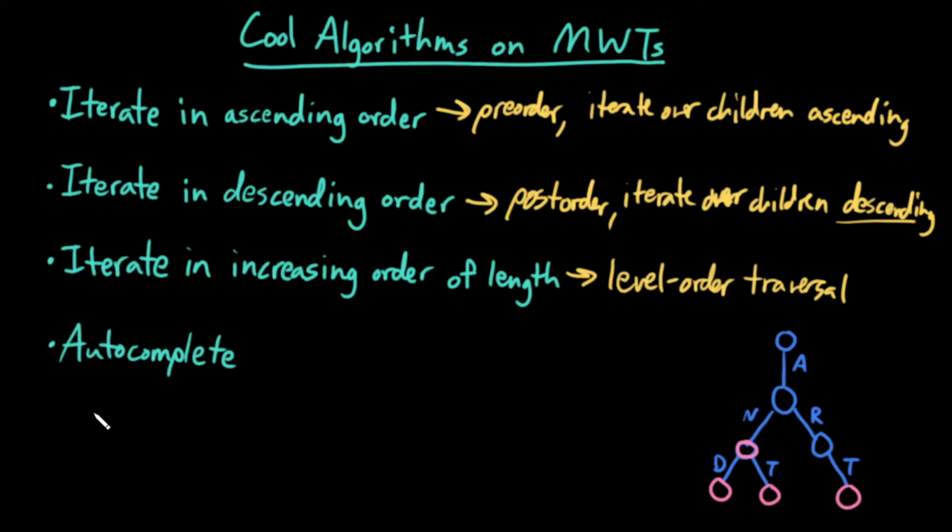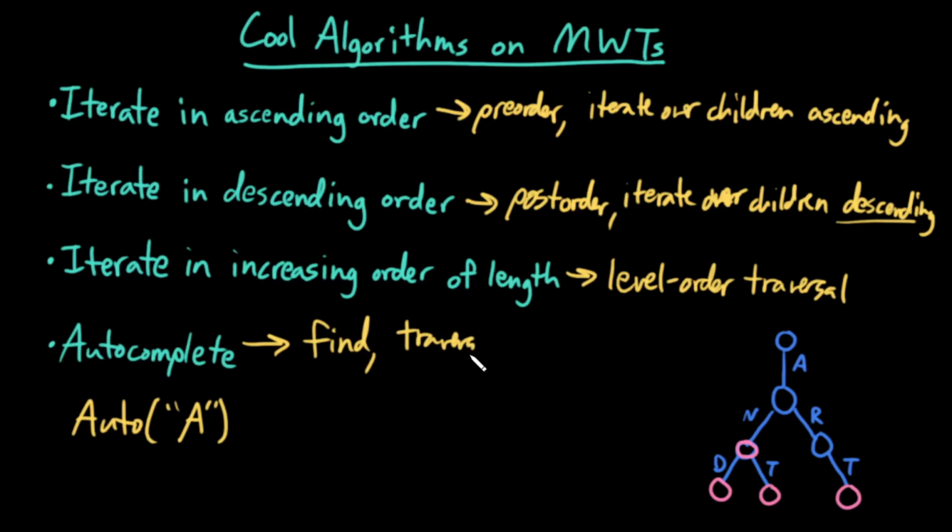So for example, let's say I asked autocomplete for the string A. Well, all I have to do is first perform the find algorithm on my given query, and then I just have to do a traversal from the node I end at. So for example here, let's say I'm doing autocomplete given a query of just the string A.